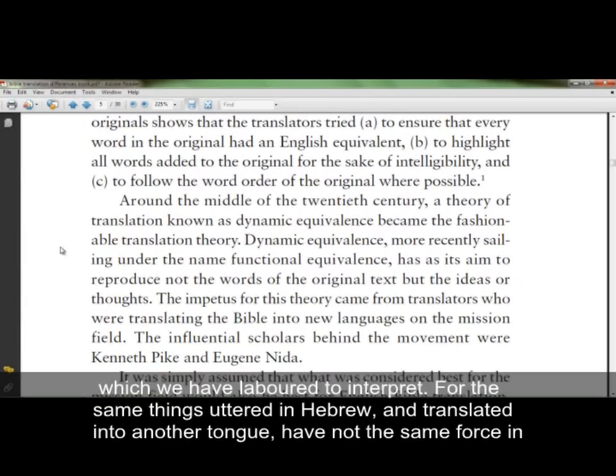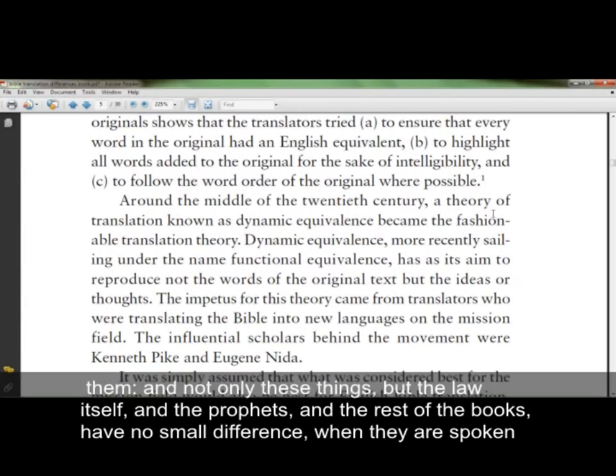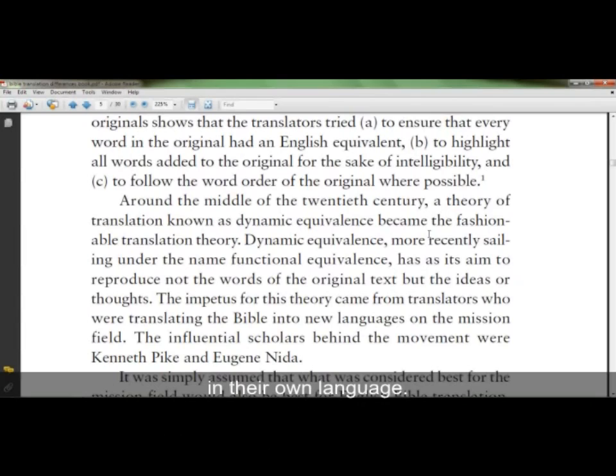And it says, around the middle of the 20th century, a theory of translation known as dynamic equivalence became the fashionable translation theory. Dynamic equivalence, more recently sailing under the name functional equivalence, has as its aim to reproduce not the words of the original text, but the ideas or thoughts.